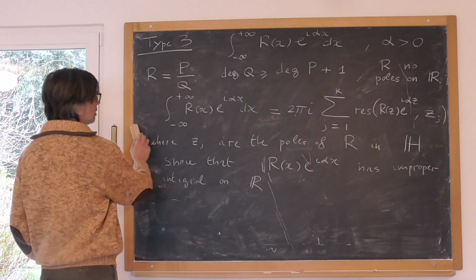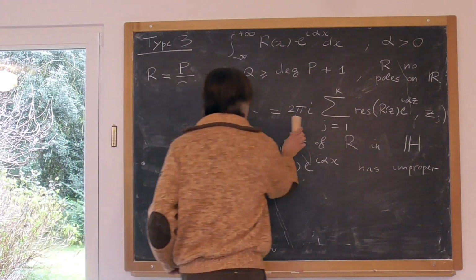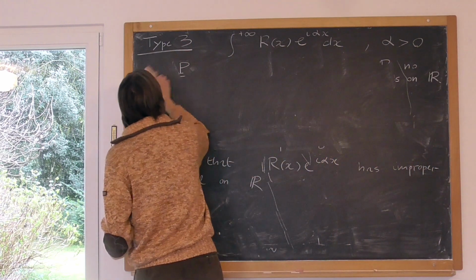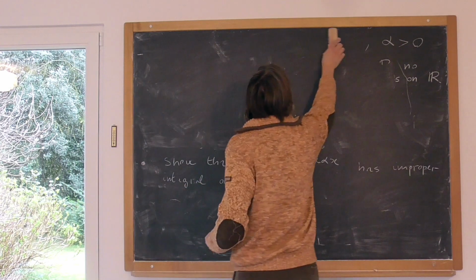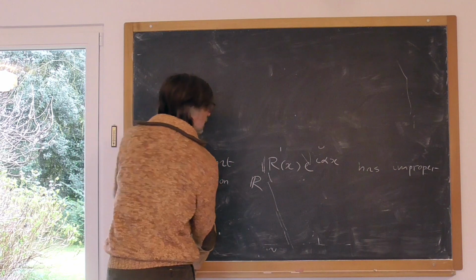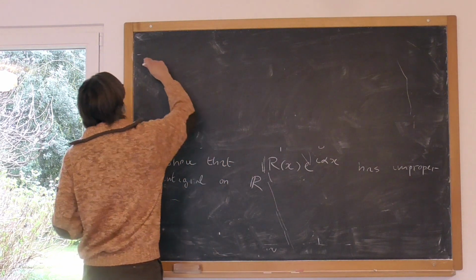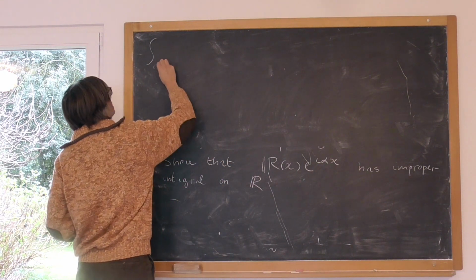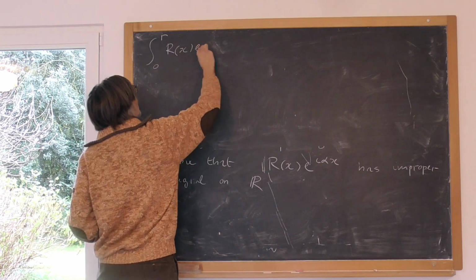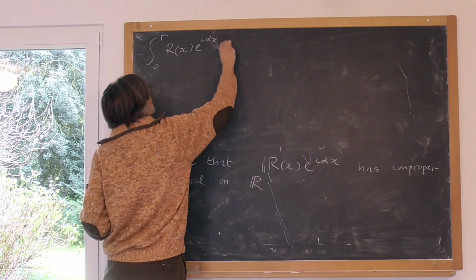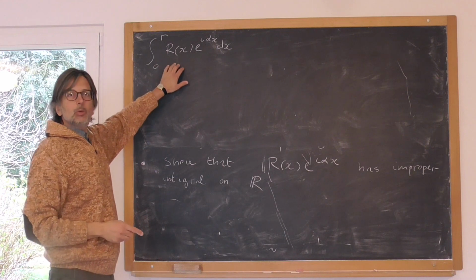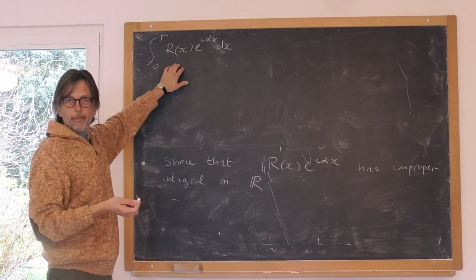let's get some space. So what do we need to check in order to be sure that the improper integral exists? We need to look at the integral from 0 to r of our function, r of x e to the i alpha x dx, and we would like to prove that this has a limit when r goes to infinity.